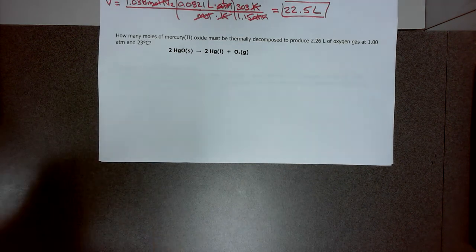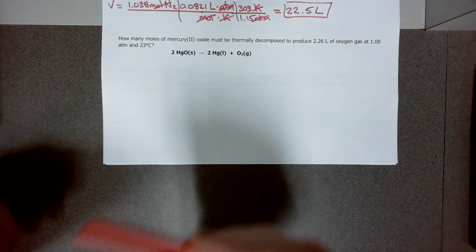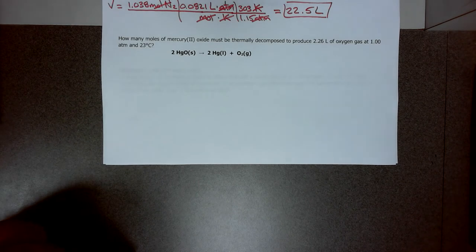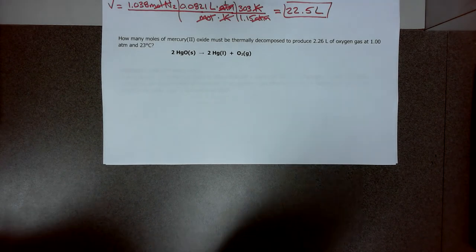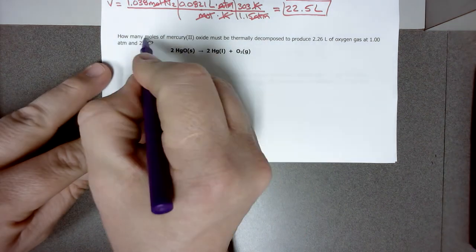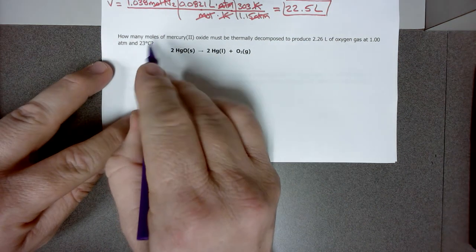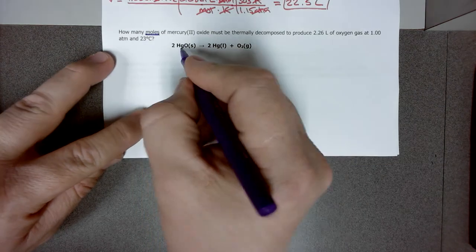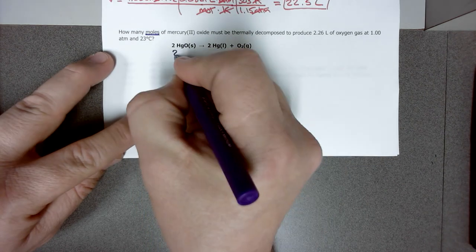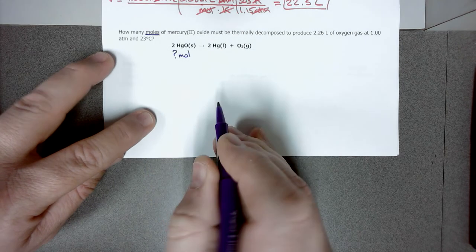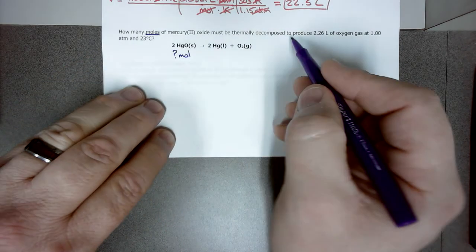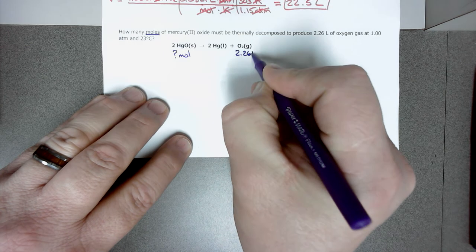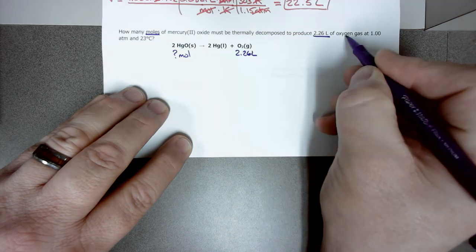And again, I know it's stoichiometry because I have a reaction. So let's identify all of the information. As I go through this, it says how many moles. So we're looking for the number of moles of mercury II oxide. I want to know how many moles of mercury II oxide must be thermally decomposed to produce 2.26 liters of oxygen gas.